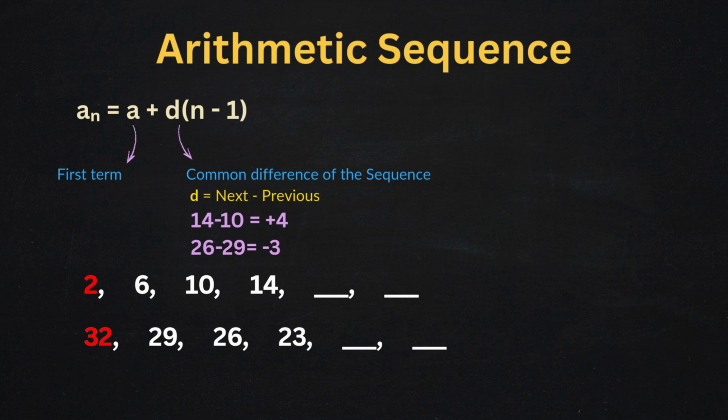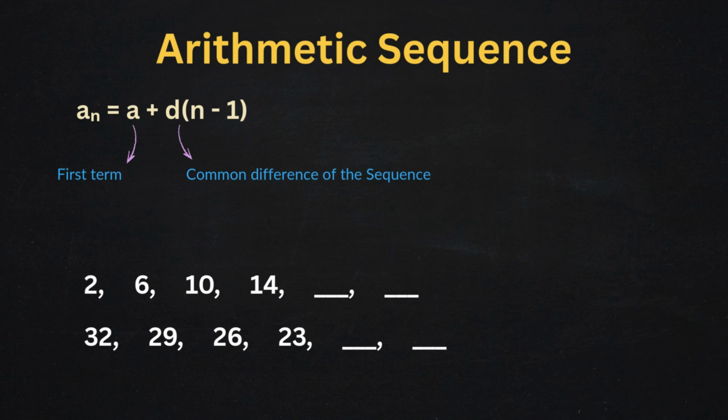So far, we've learned A equals first term and D equals common difference. Now let's address a big confusion. What is n and what is nth term and what is the difference between them? Let's look at this number here, 10. Which position is it in? It is at position number 3, right?